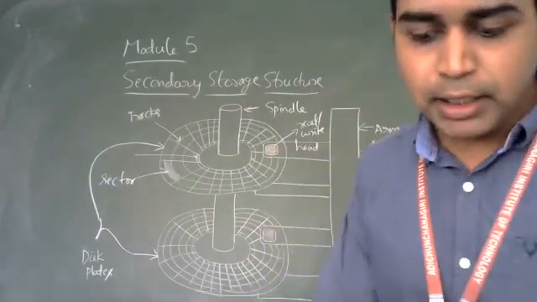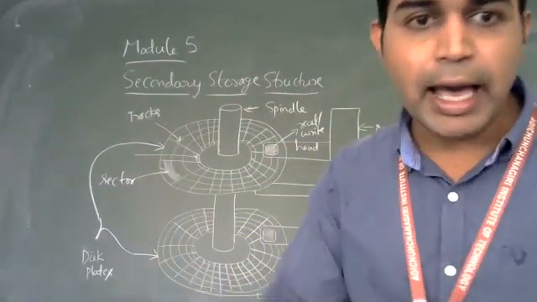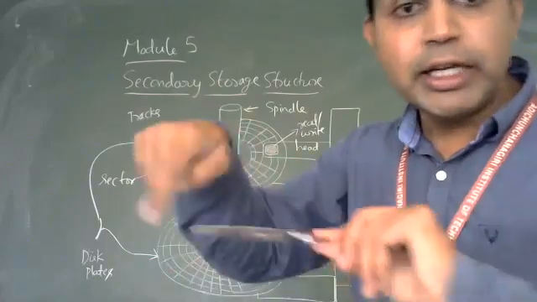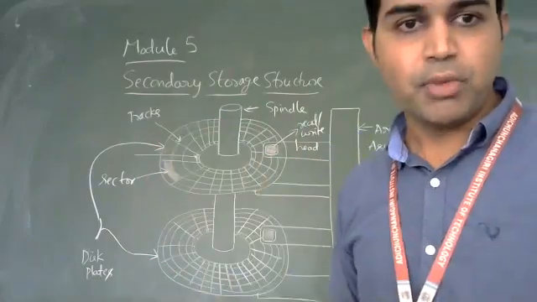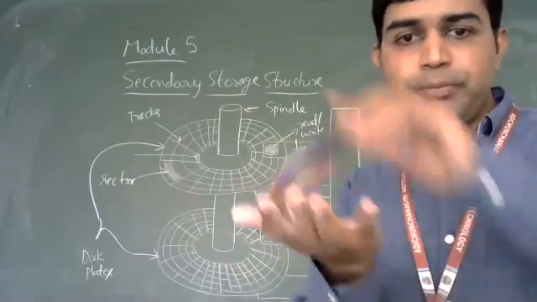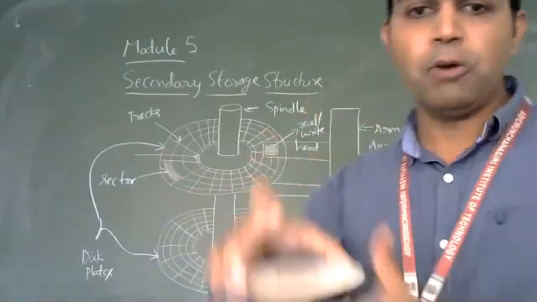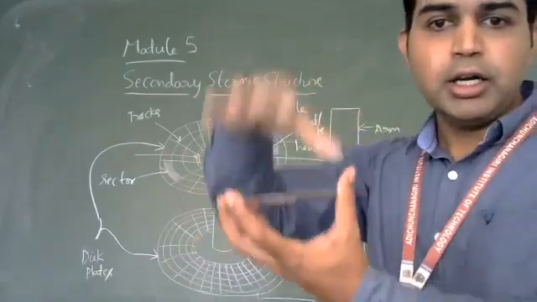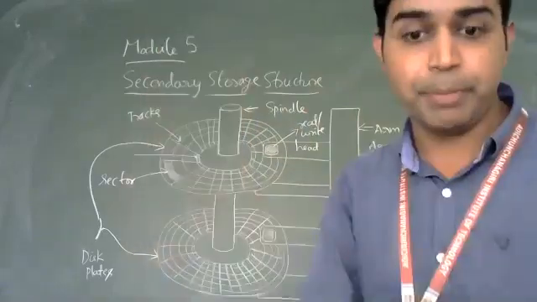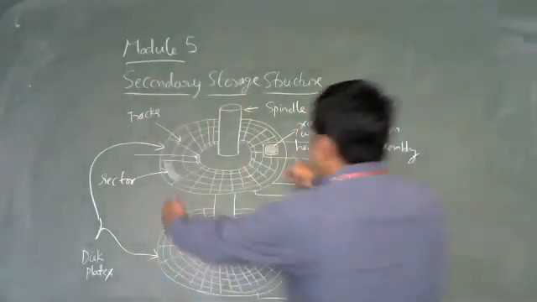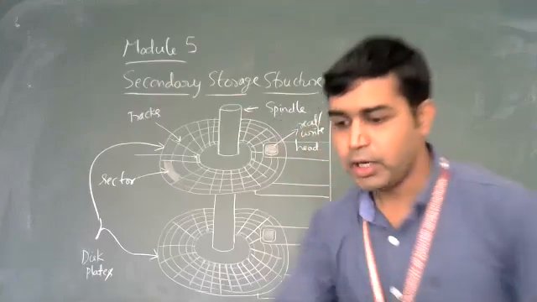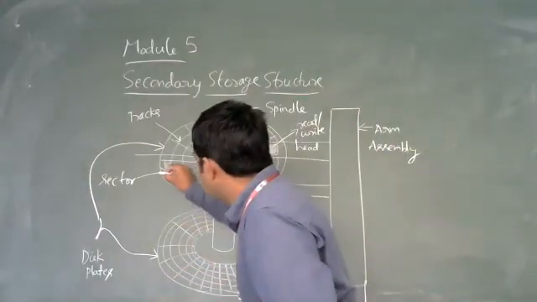Like that, your hard disk can have n number of disk plates. They are merged, placed one above the other to form a cylindrical shape. I will just show it with a dotted line to you.